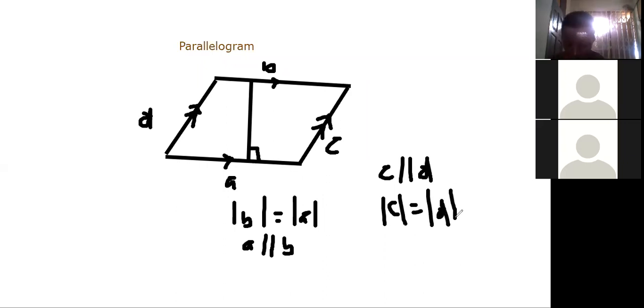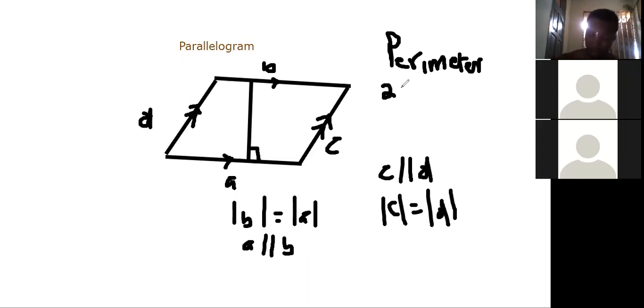So, if we want to find the perimeter of a parallelogram, the perimeter is equal to 2 times the base plus 2 times the other sides.